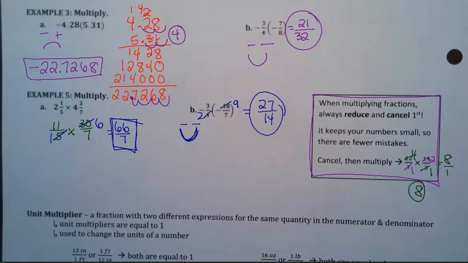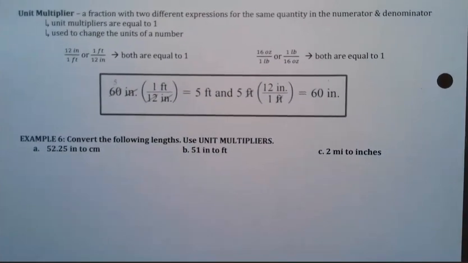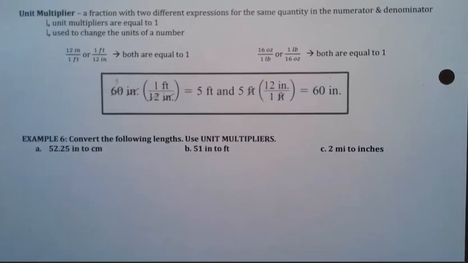All right, next up we have unit multipliers. You will use these more in science, but we will also use them in math. Okay, a unit multiplier is a fraction. First and foremost, it's a fraction with two different expressions for the same quantity in the numerator and the denominator, which may seem weird, but it's just a fraction that's two different ways to write a relationship.